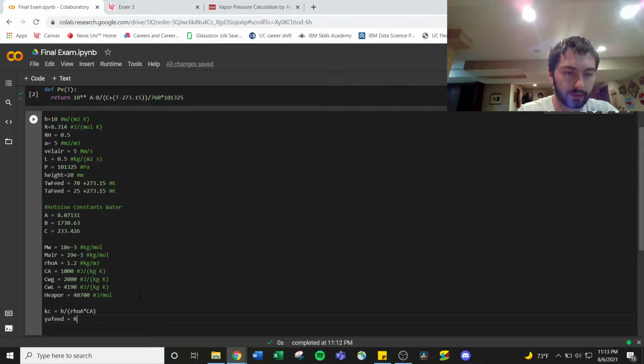And that's going to be equal to the relative humidity, which is one of the given numbers. Relative humidity times, what can I call on our function? PV. Give it the temperature of the feed, so TA feed.